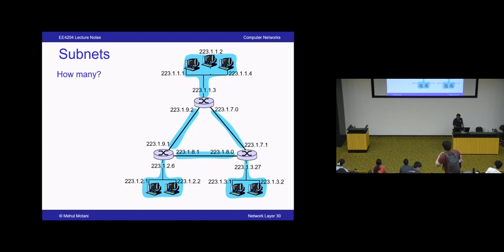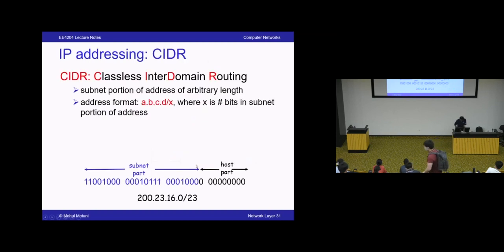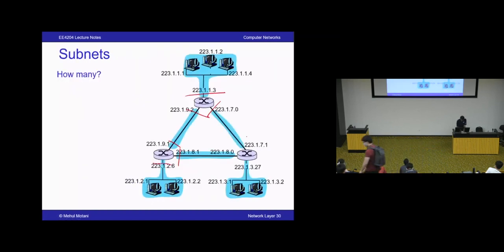So when you break the things connected to the router, you're left with this island, and this island, but you're also left with this island, and this island. That's why there's 6.